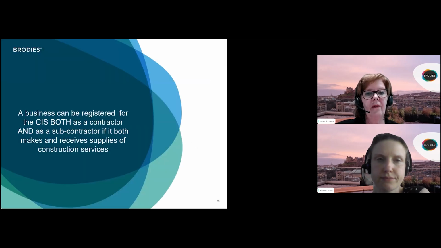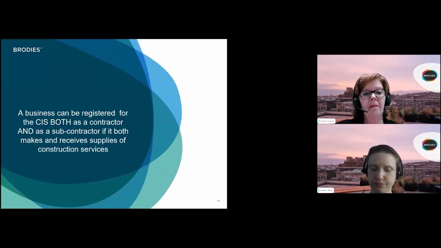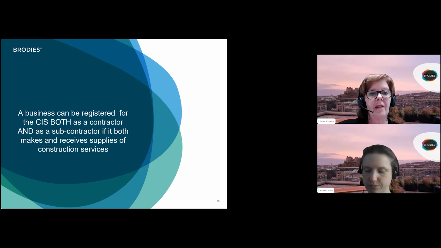Okay, moving on. The bit that's slightly confusing for people is that the same business can be registered for the CIS both as a CIS contractor and as a CIS subcontractor, if it both makes and receives supplies of construction services.